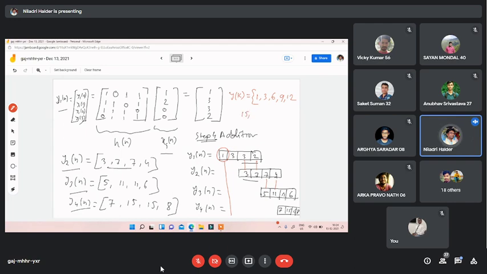That 11 is overlapped with 7, so 18. That 6 is overlapped with 15, 21. And 15 does not overlap with any value, so 15, 8. So that will be your yk value.